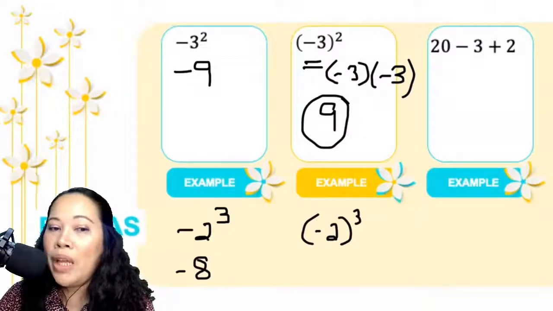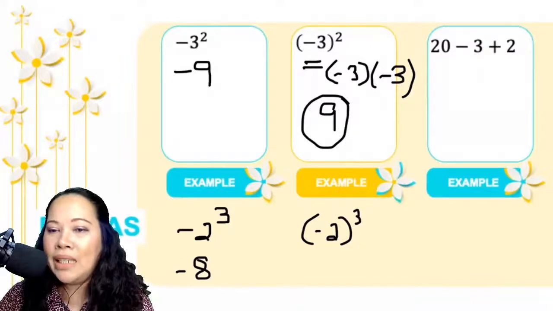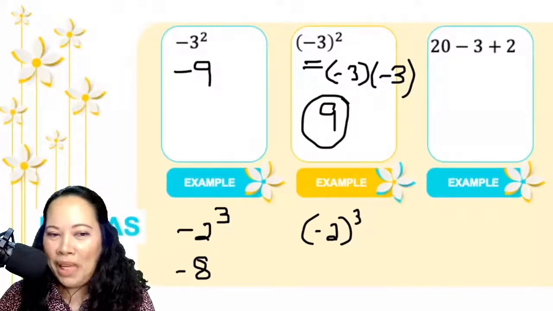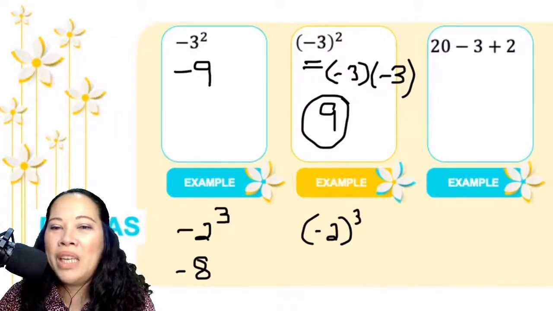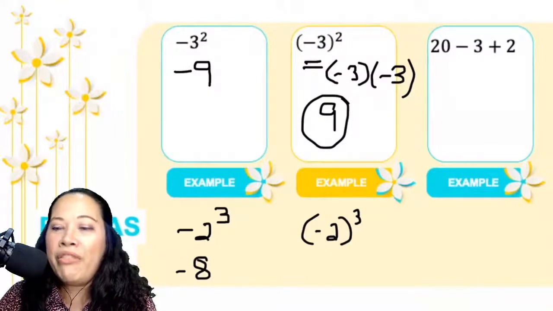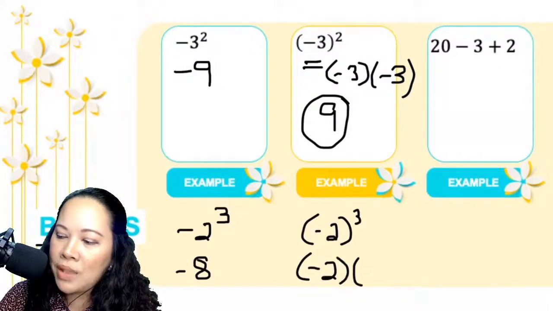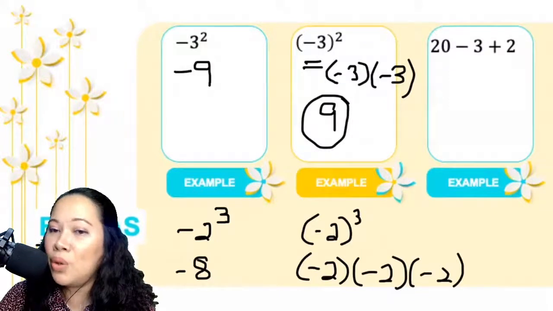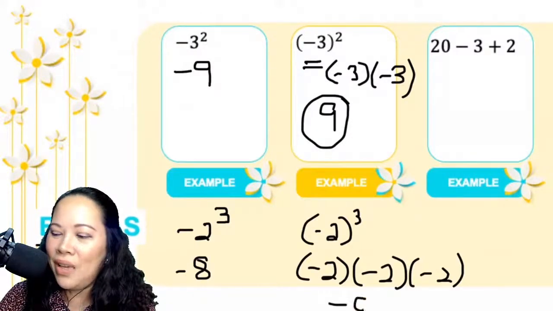But with the brackets, the negative number will be forced to be done before the power. So this will be negative 2 times negative 2 times negative 2. Negative 2 times negative 2 is positive 4, times negative 2 will be negative 8.